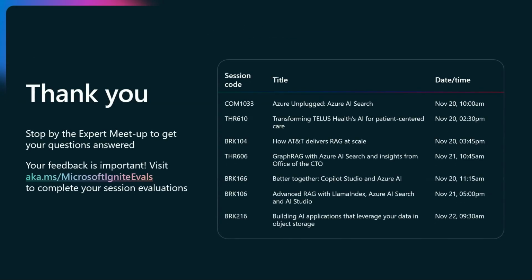So with that, we have a lot more going on this week when it comes to RAG and retrieval with Azure AI Search. Right after this at 10, I'll be in the Azure Unplugged space talking about the topic. We have 2 of our customers doing sessions together with us, sharing how they experienced this journey.